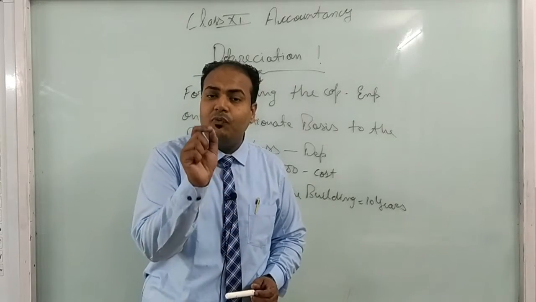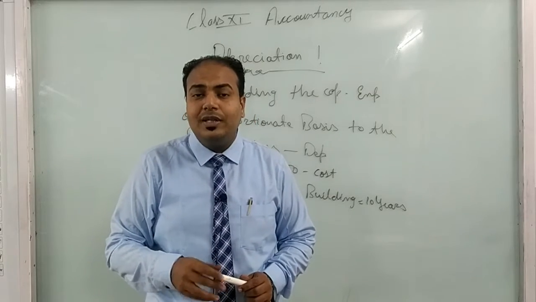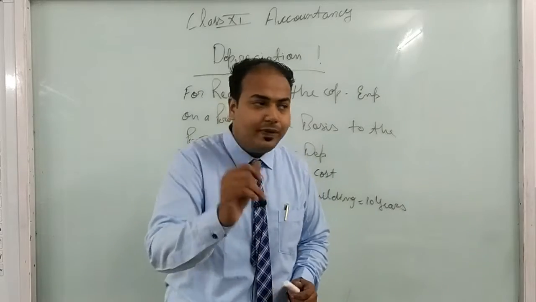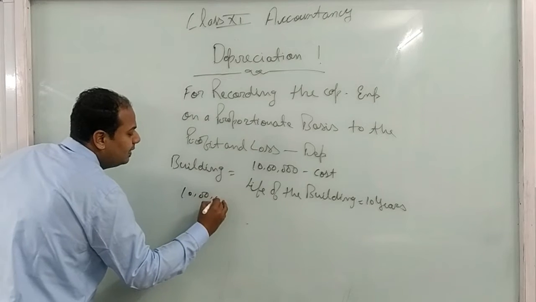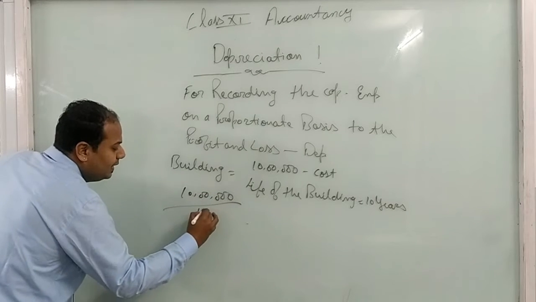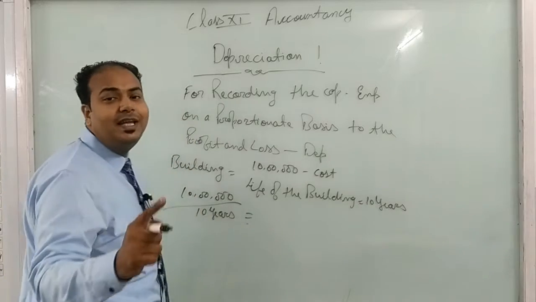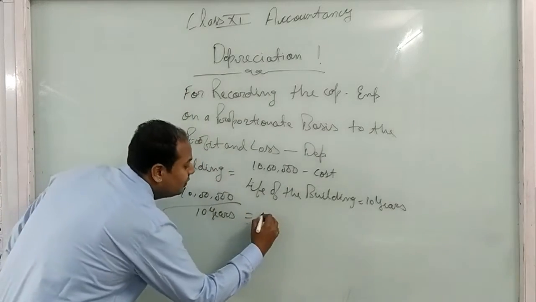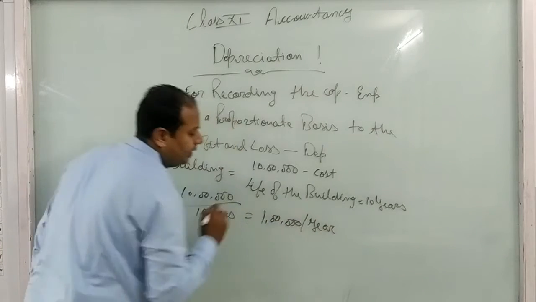Which means if you want to record this expenditure in your profit and loss, then you have to do this on a proportionate basis. What we'll do is, we just divide this 10 lakh in the 10 years, and we will get the per year expenditure for this capital expenses, and that is of rupees 1 lakh per year.